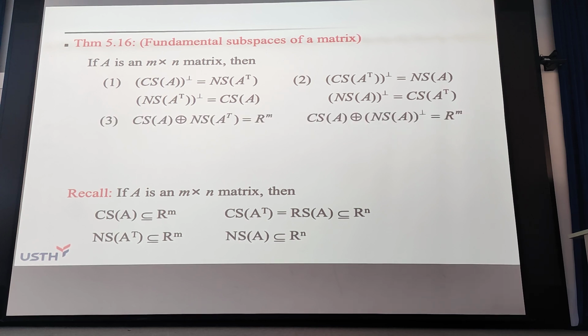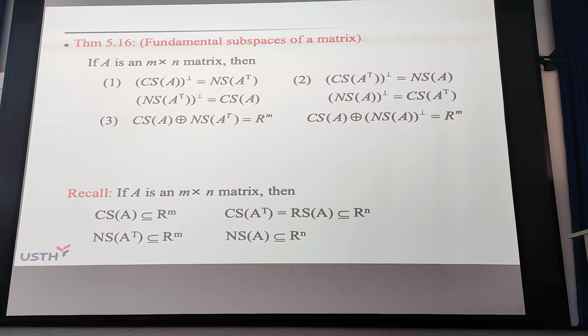Next, because we know already that W plus its orthogonal complement will be Rm, here we get the column space of A direct sum with the left null space of A will be Rm, because they are subspaces inside Rm.